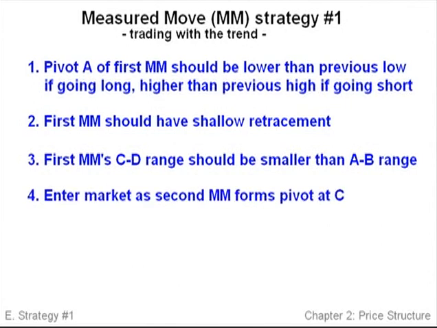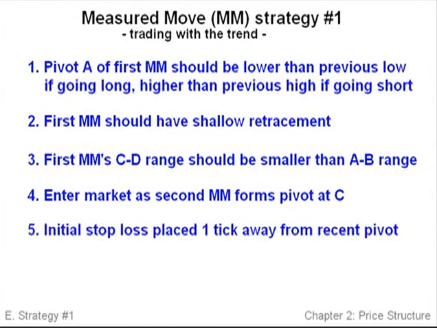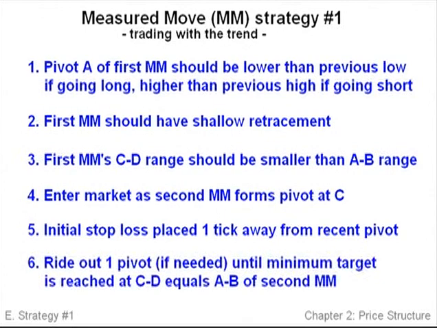Number 4, enter the market as the second measured move forms pivot at C. Number 5, the initial stop loss is placed one tick away from the recent pivot. Number 6, ride out one pivot if needed until the minimum target is reached at CD equals AB of the second measured move.